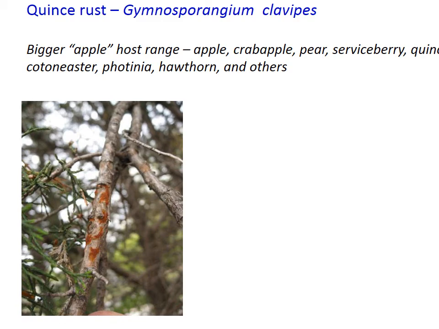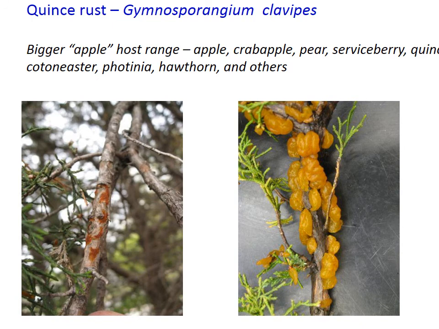We don't see any little gall-like structures, but instead there's an orange crust on the twigs or small branches, and sometimes there's a swelling there. But it's different from those very distinctive galls that you see with cedar apple rust or hawthorn rust. And then when the weather is wet, those swell up to form these gooey orange cushions right against the twig or branch.